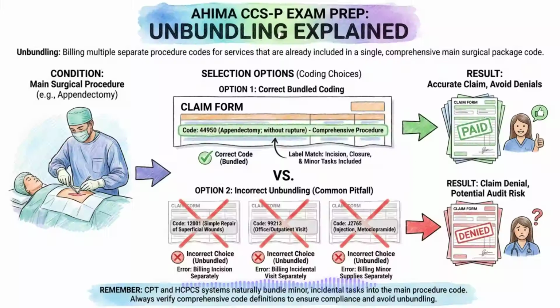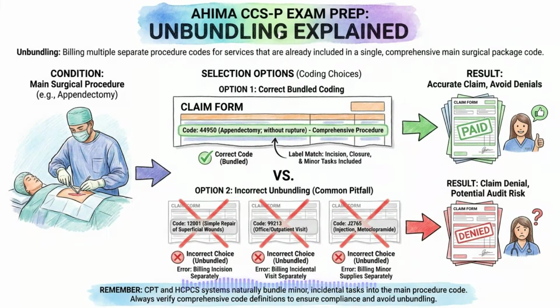One common pitfall for new coders is unbundling, which means billing multiple separate codes for components that are already included in one comprehensive main procedure code. The CPT and HCPCS systems are designed so that minor incidental tasks are naturally bundled into the larger surgical package.